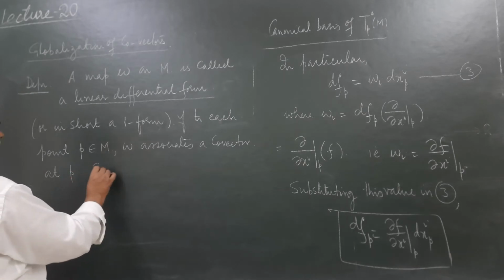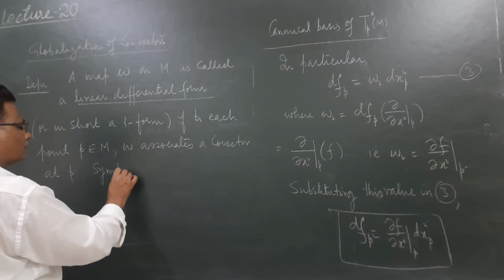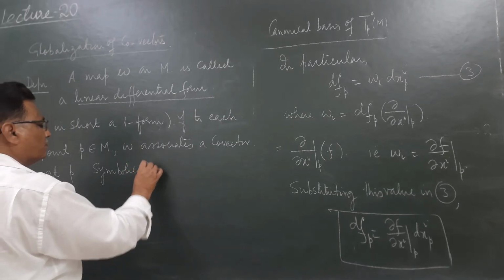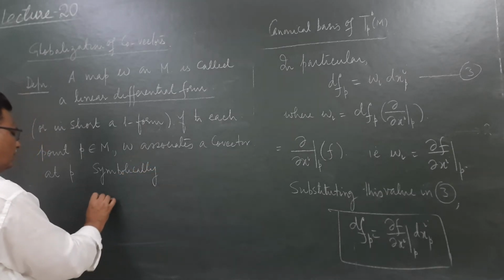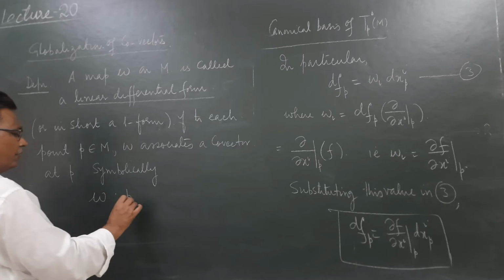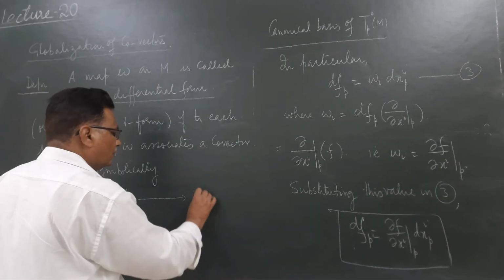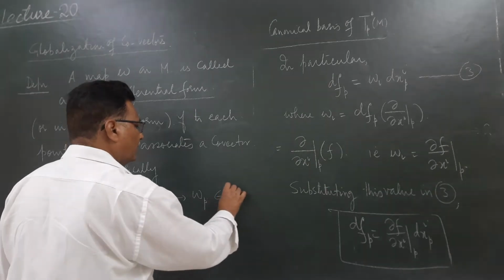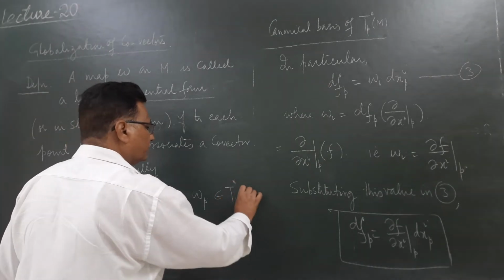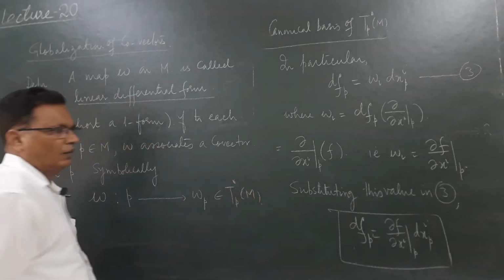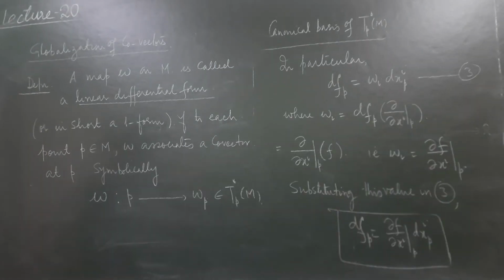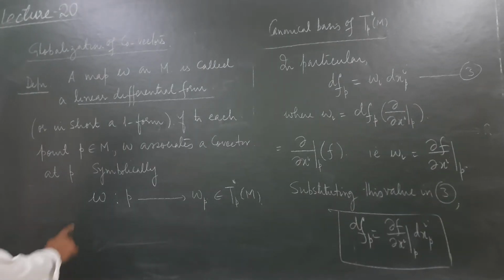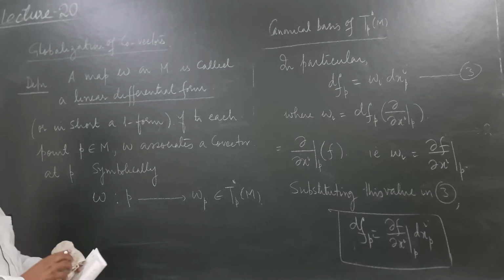Symbolically, omega is something which to every point p associates omega p. What is this? This is an element of Tp star M. Okay? So such an object is called a one form or a linear differential form.